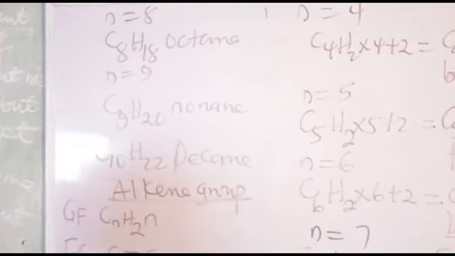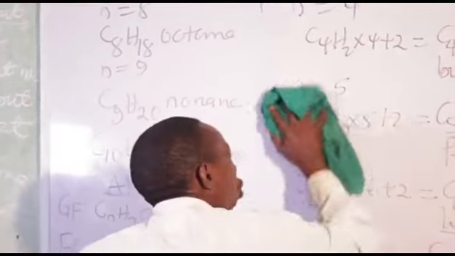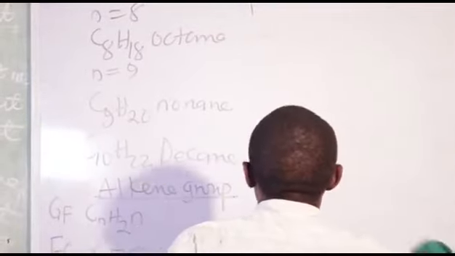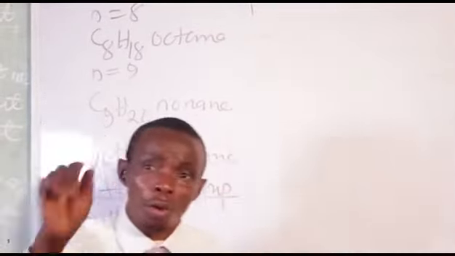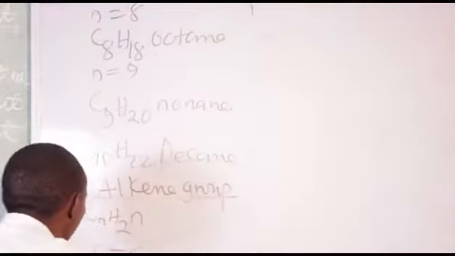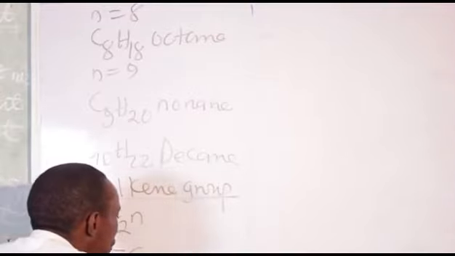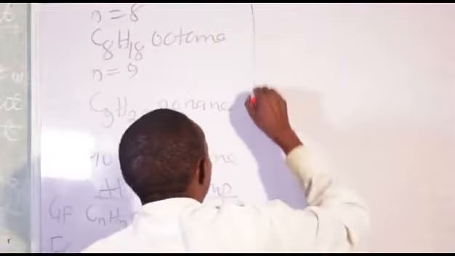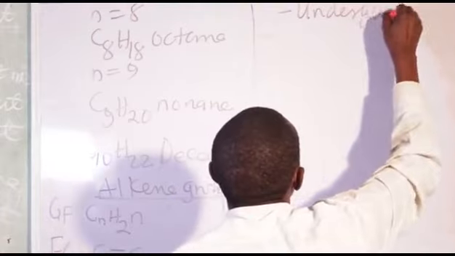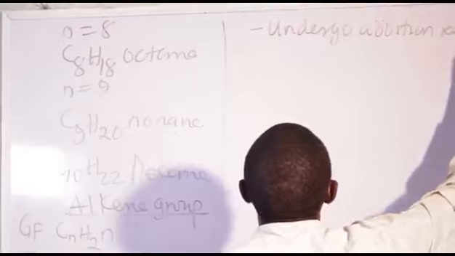Unlike the alkanes that I have discussed, they are unsaturated. If a compound is saturated, it will undergo substitution reaction. That's the alkane group. But for this group, they are unsaturated, so they undergo addition reactions. That is the alkenes.